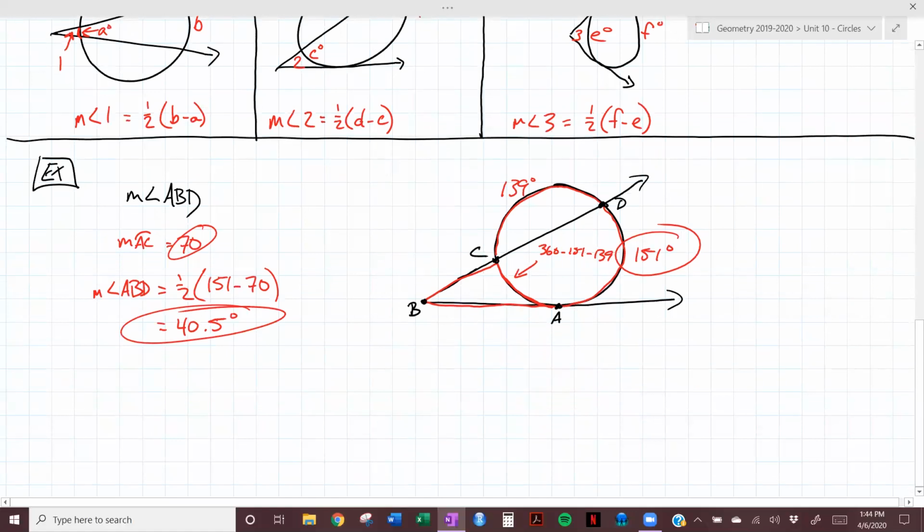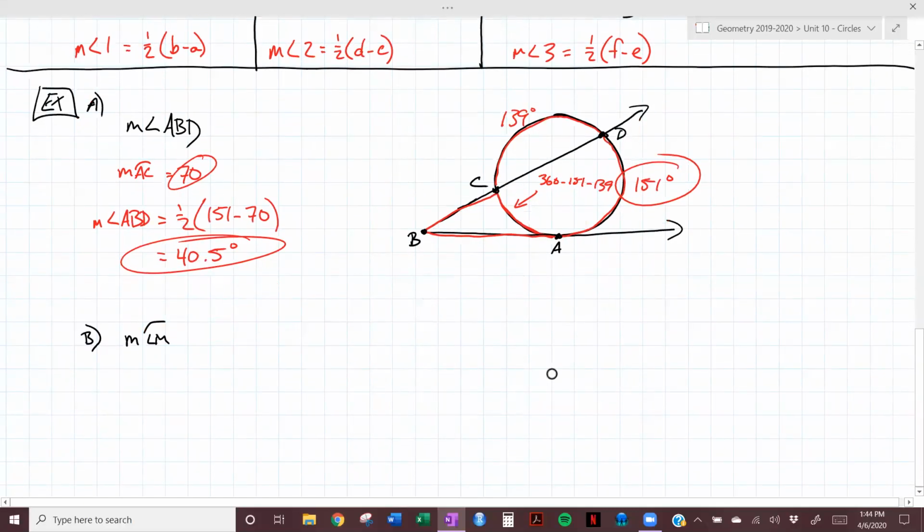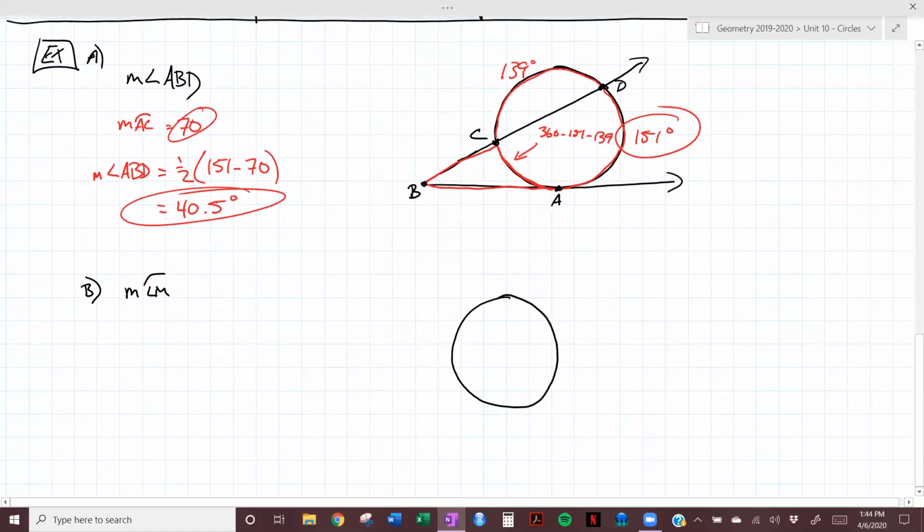All right, so this is A. So now I have another example, and this is example B. We want to figure out the measurement of arc LM. So we have our circle there.